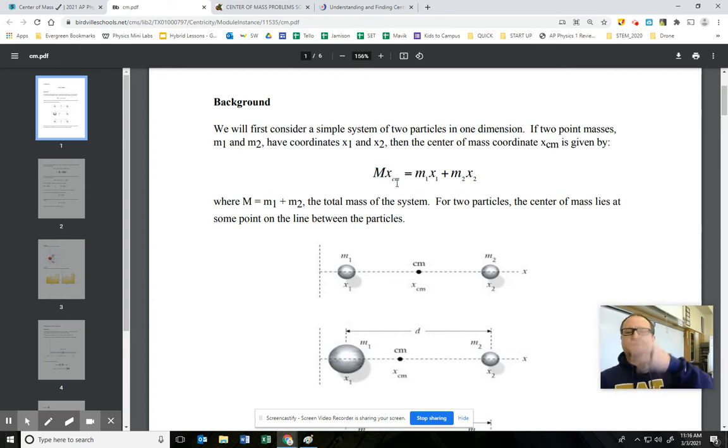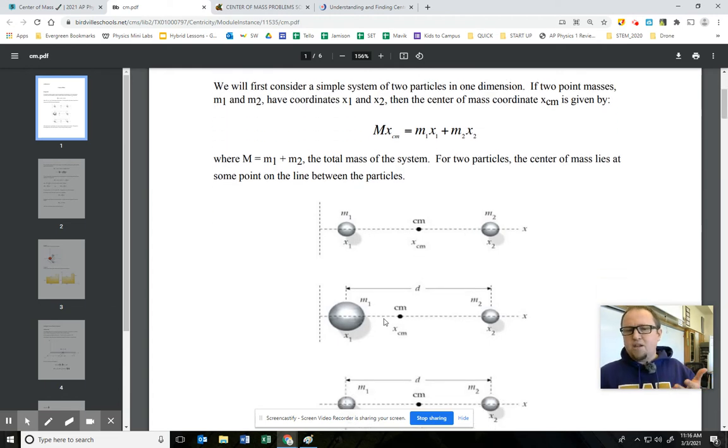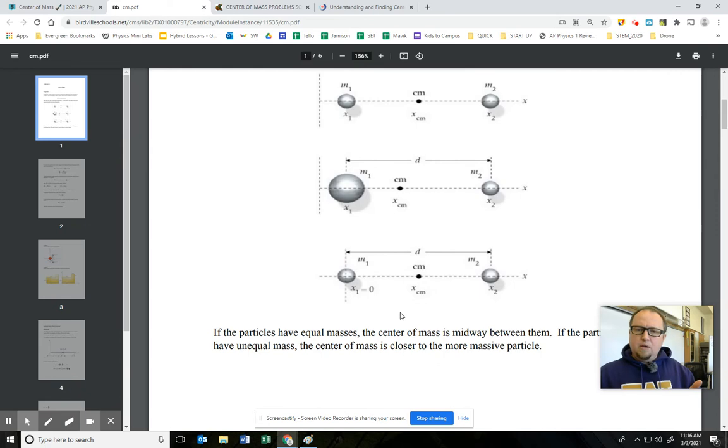So where the center of mass is times the total mass equals M1, the little object, times X1, the location of that object, plus M2, the other little object, times X2, the location of that object. You add those up, and that gives you the total mass and the location of the center of mass. If they're equal, it'll be halfway in between. If they're unequal, it'll be more toward the big one.